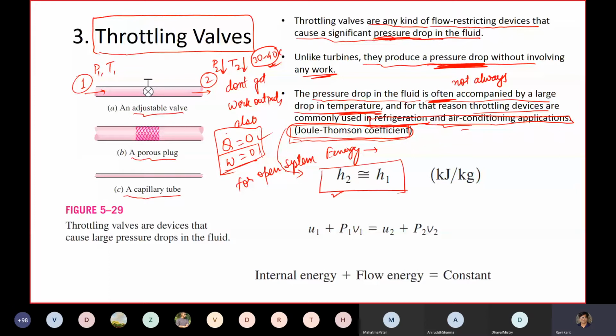This comes out to be H2 is equal to H1. It turns out that the enthalpy remains constant in this process. H1 and H2 are equal across these devices.